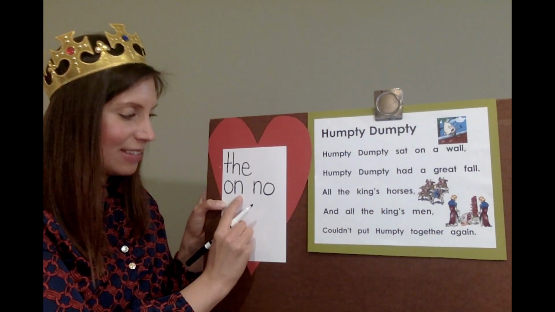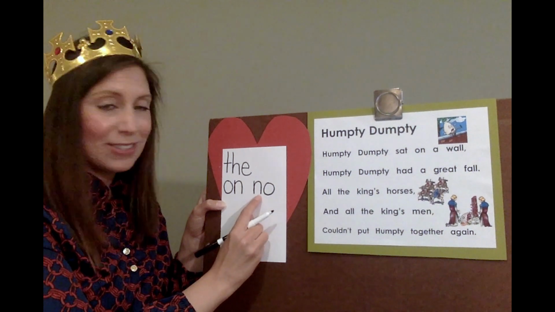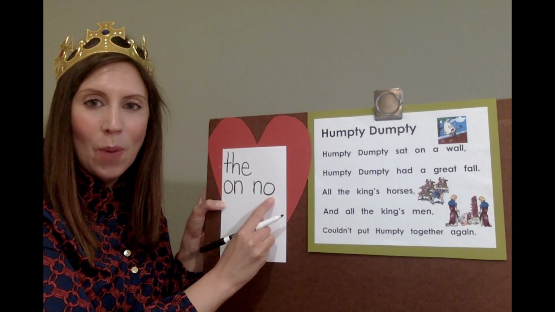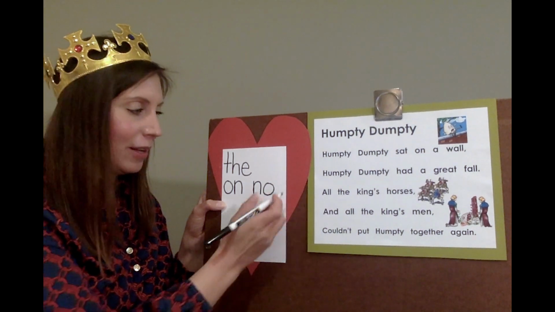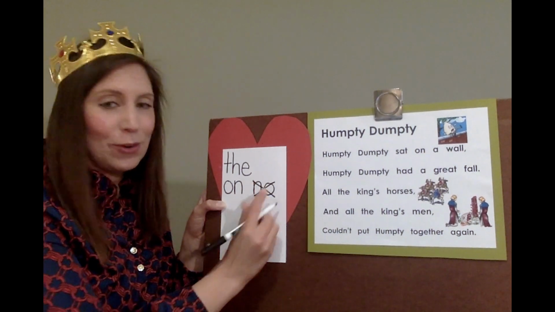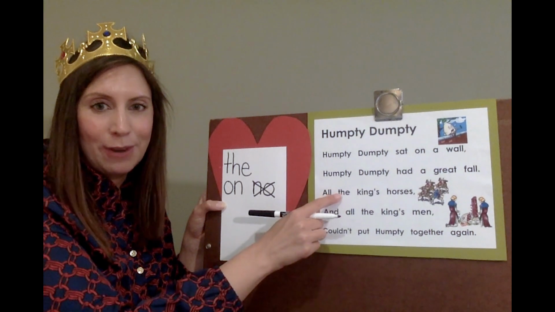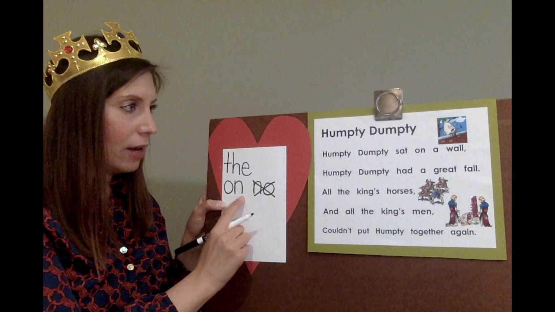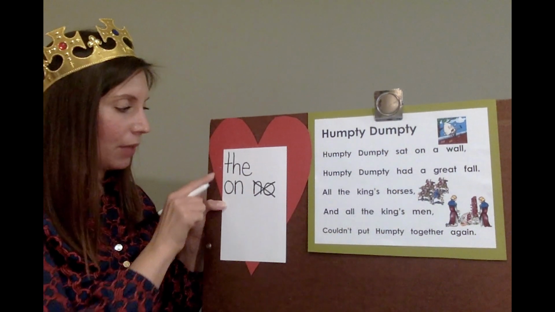Instead of ending with an N, it starts with an N. No. No is not in our nursery rhyme today, so I'm going to cross it off. But I'll keep on because it's right up here.